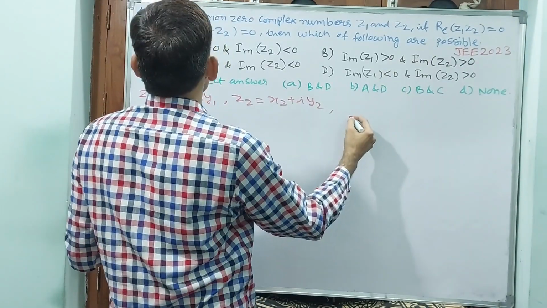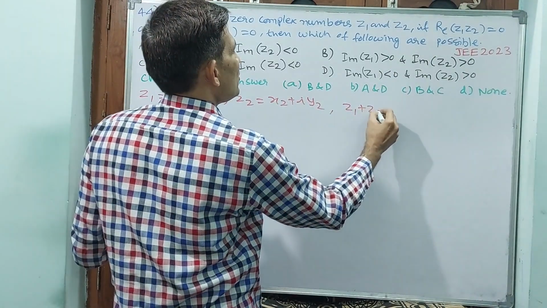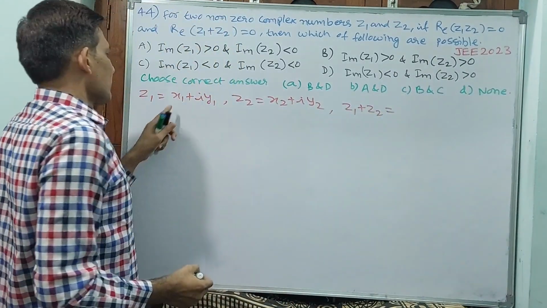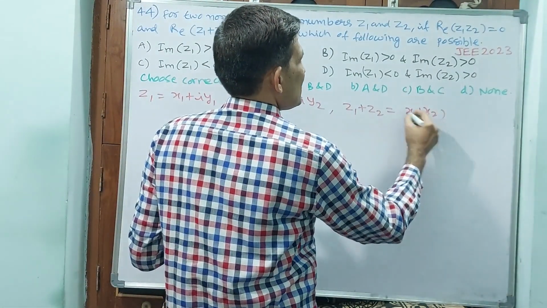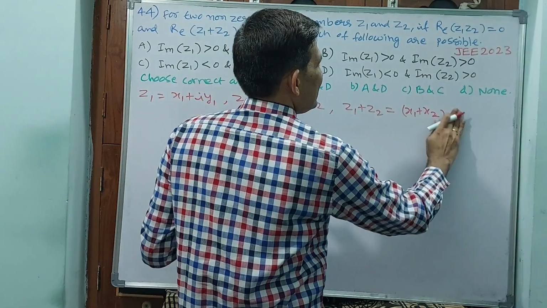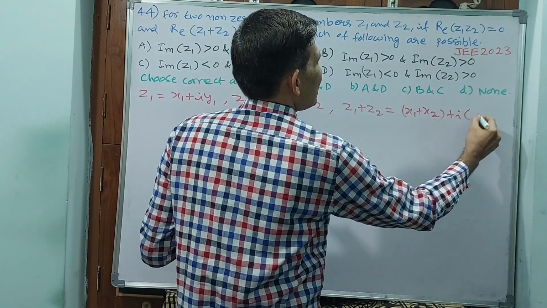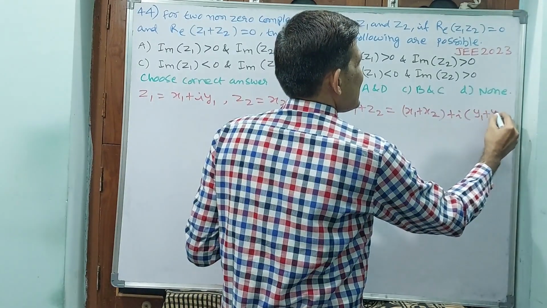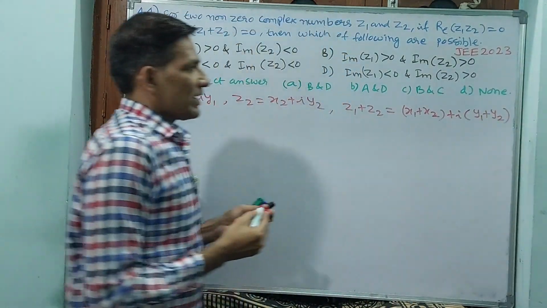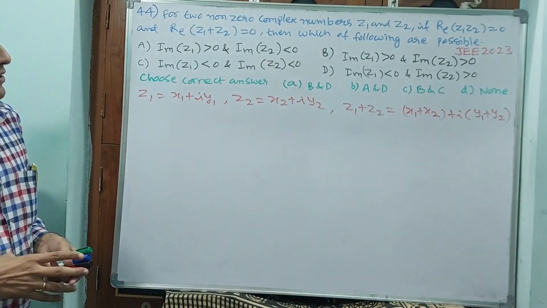Z1 plus Z2 you can do easily. Z1 plus Z2 is equal to X1 plus X2 plus I times Y1 plus Y2.